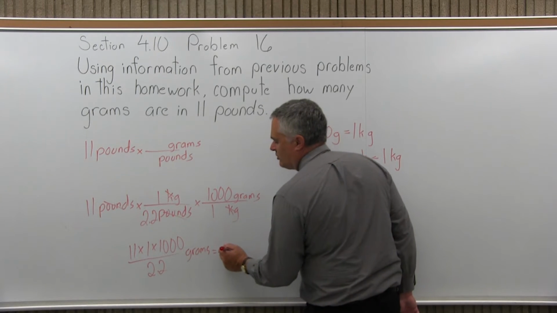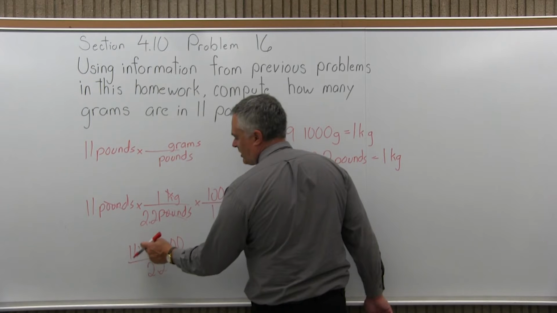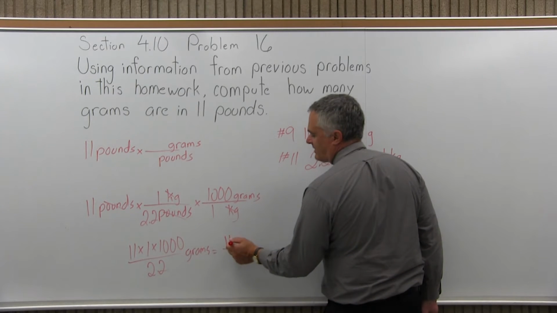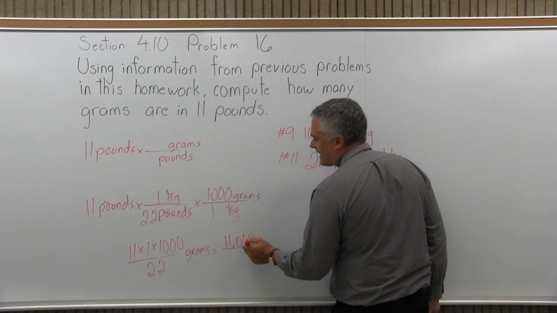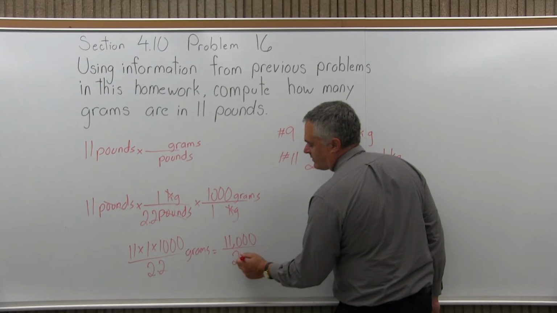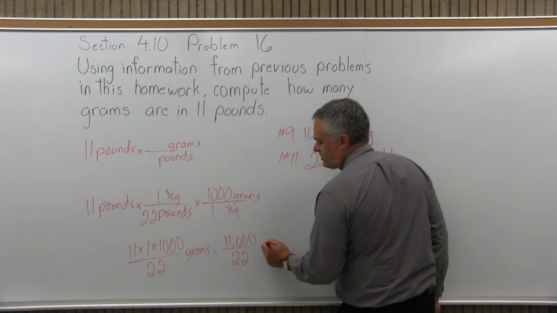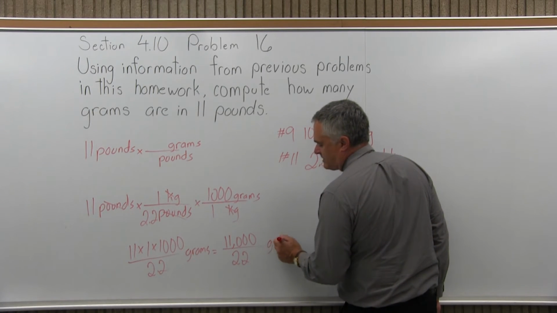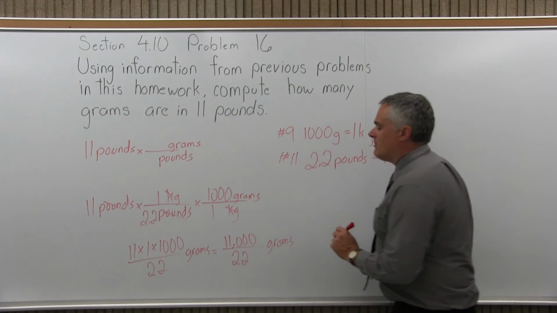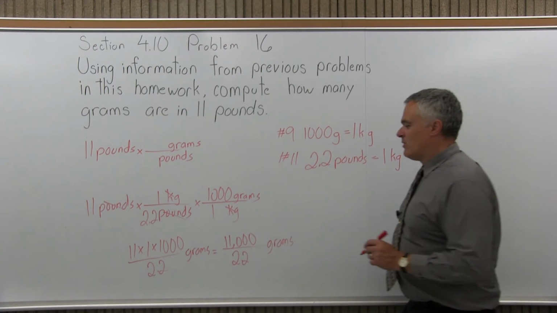So now in the numerator, 11 times 1 times 1,000 is 11,000. You can use a calculator for that, but you really don't have to. You have 2.2 in the denominator, and that's in grams. Now this you may or may not be able to do without a calculator.